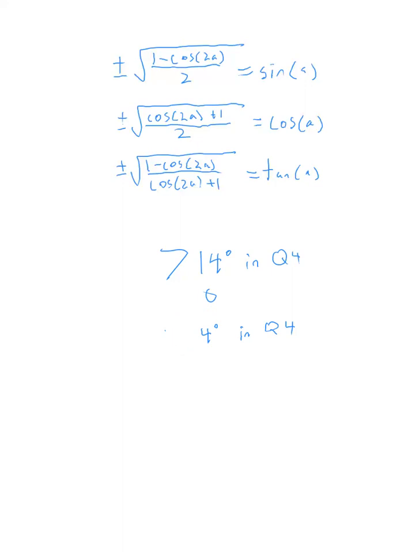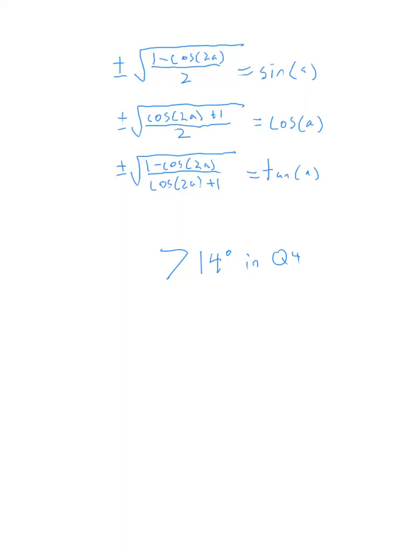So I know 714 degrees sits in quadrant 4, which means if we made the same assumptions as with the other situation of cutting the angle in half, that puts us in quadrant 2, then I would think right away that half of 714 must be in quadrant 2.